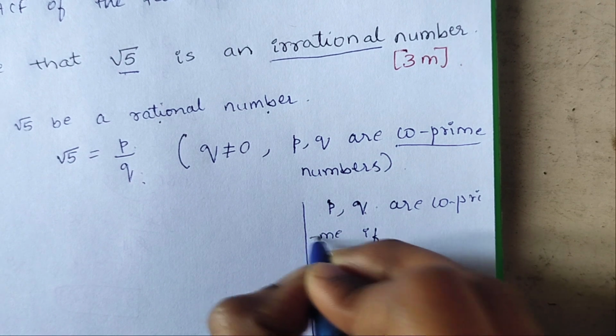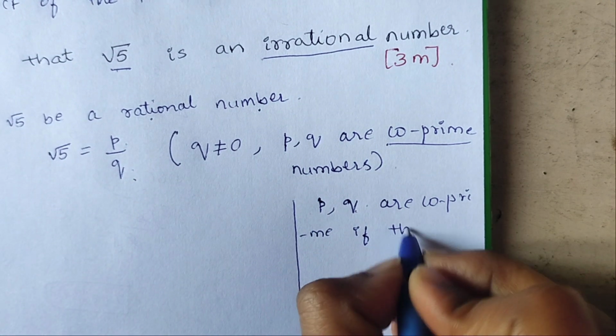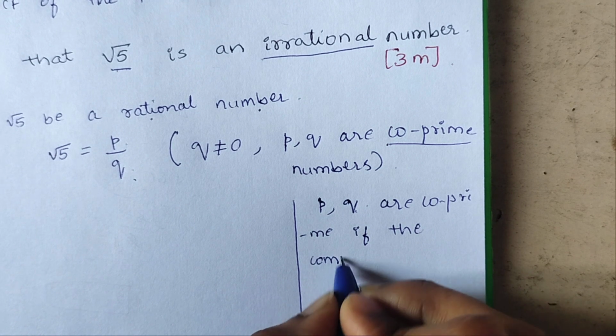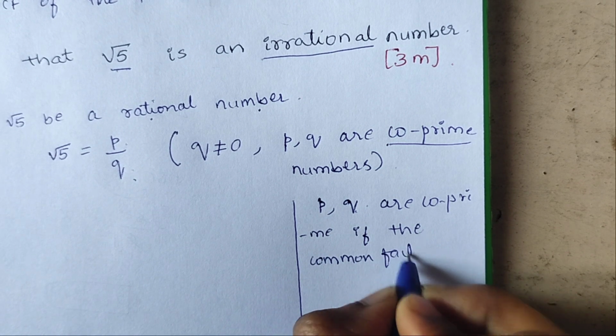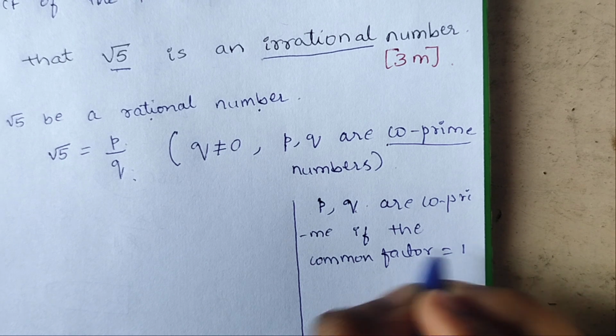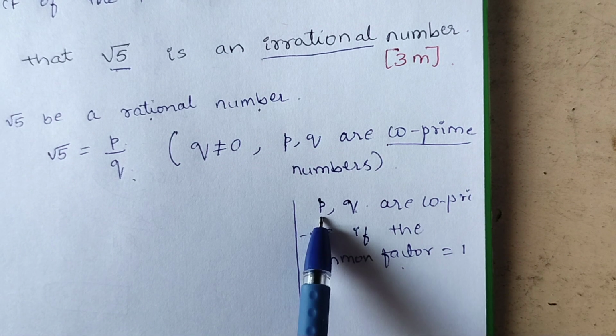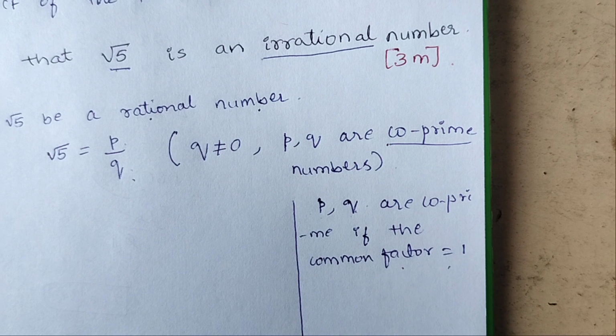That is, if the common factor between p, q is 1, then they are said to be co-prime numbers.